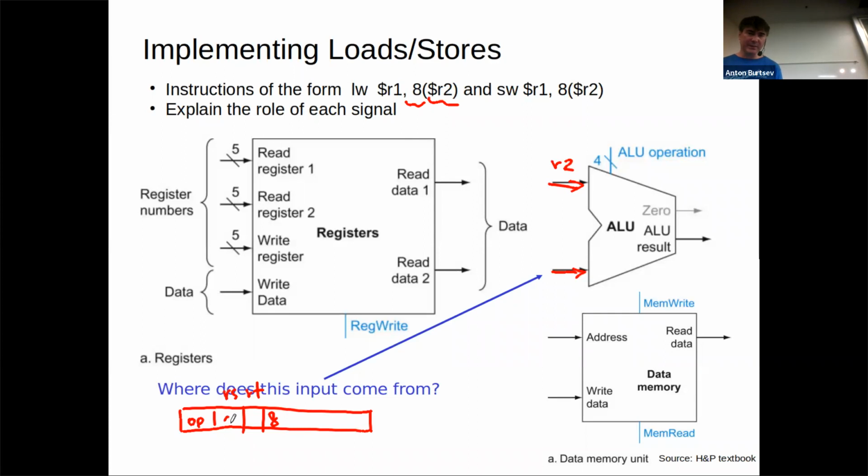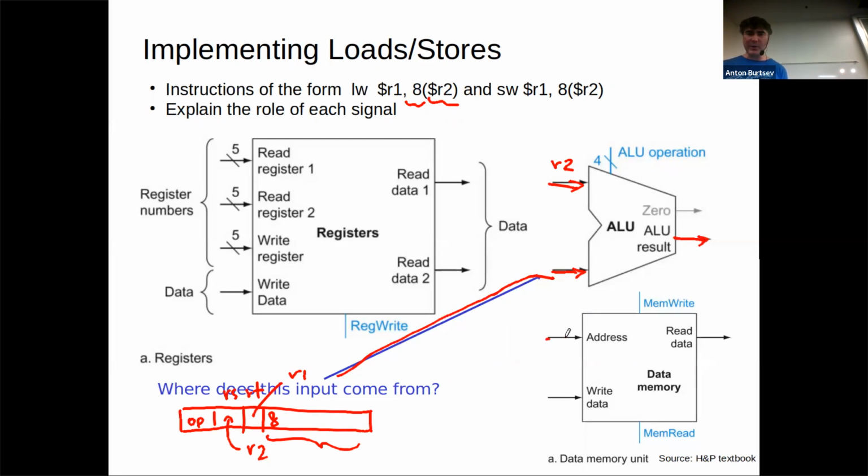This one is R2 in this example, and this one is R1. The 8 takes the rest of the instruction. These 8 bits are directly connected from the intermediate register, which contains the instruction, to this ALU, and the computation will provide the address.